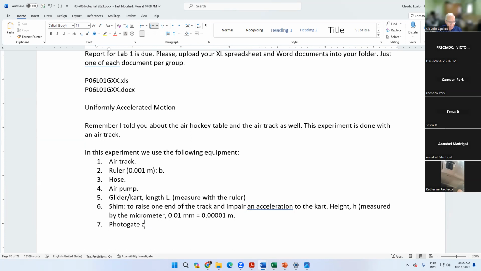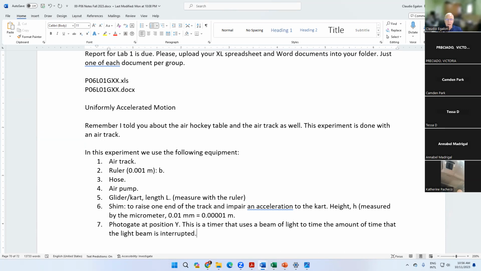Photogate at position Y. This is a timer that uses a beam of light to time the amount of time that the light beam is interrupted. Interrupted. Okay.